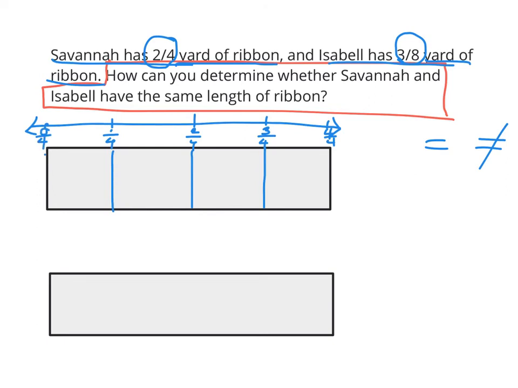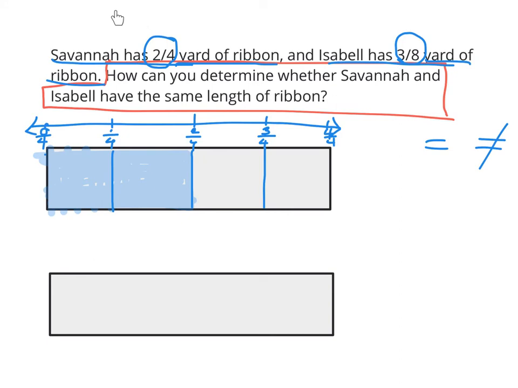So we have from here to here is 1/4, right? 2/4, 3/4, and 4/4. So Savannah would have 2/4. Okay. So again, she has 1/4 and 2/4.